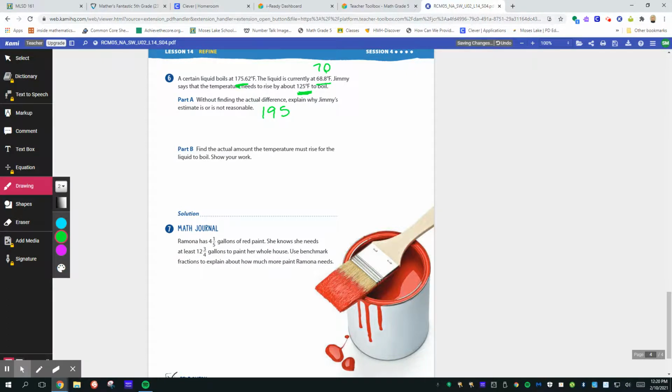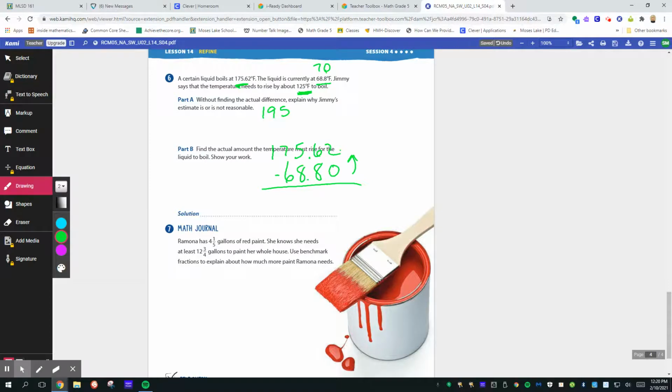So let's find the actual amount that the temperature must rise for the liquid to boil. So if it's currently at 68 and 8/10, and it boils at 175 and 62/100, let's find out what the rise has to be for this to get to that number.